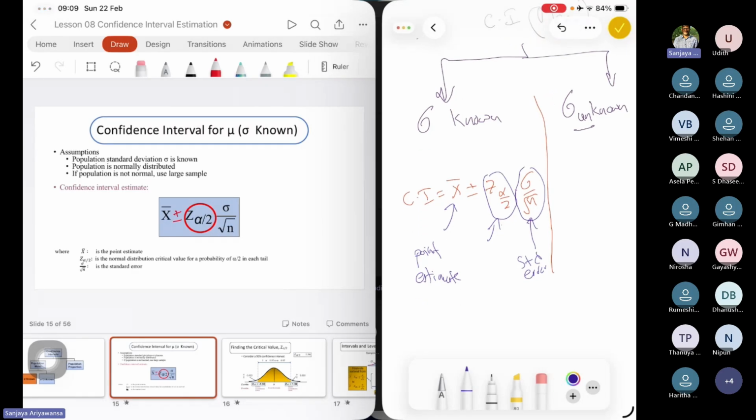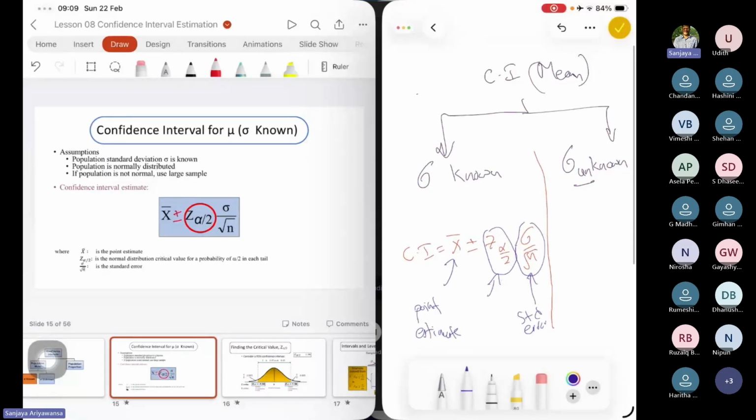So the confidence interval for the mean is what I was talking about, for those who just joined in. Just a quick recap: under that, we looked at sigma known, that is the population standard deviation is known, and the second scenario where it was unknown.